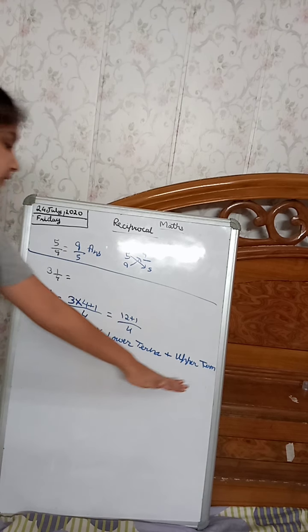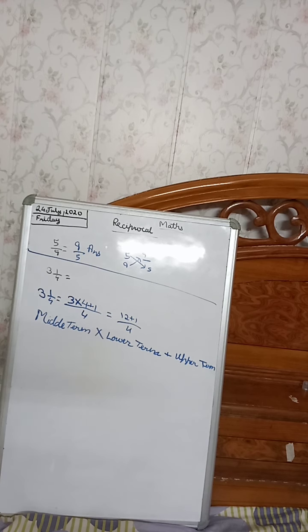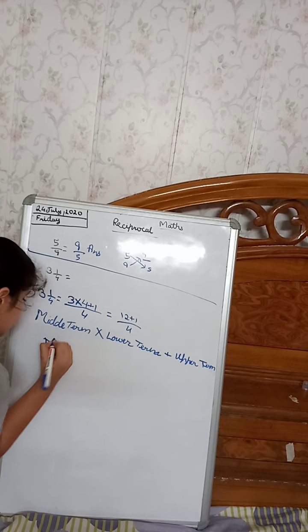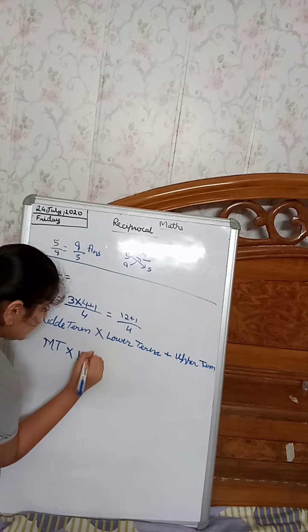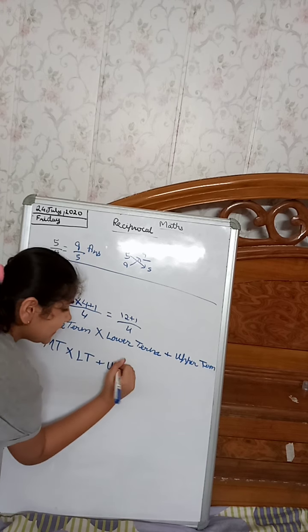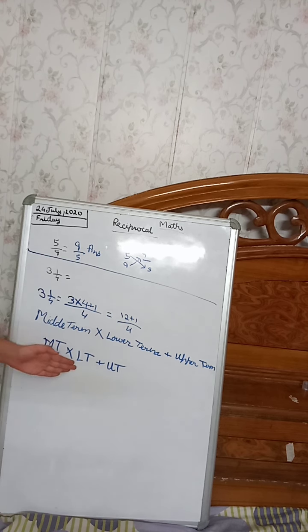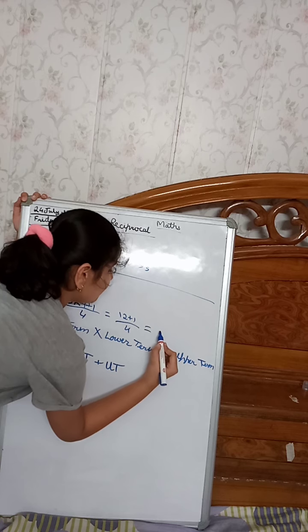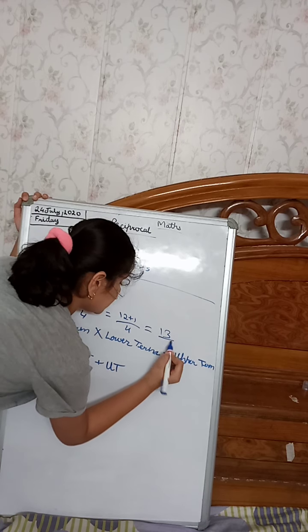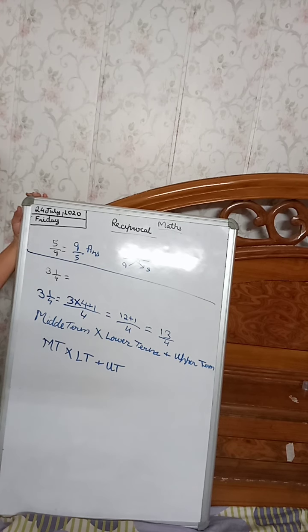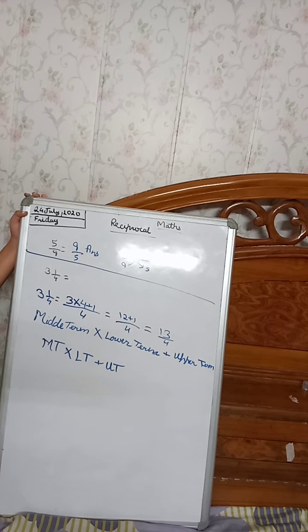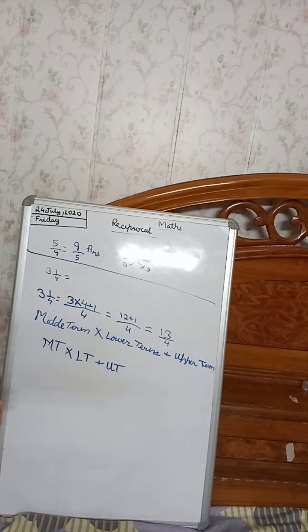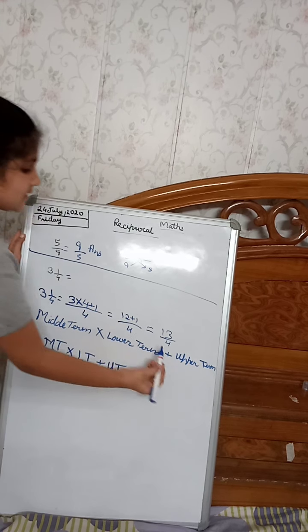When we convert this full sentence into a short form, it is MT multiplied by LT plus UT: middle term multiply lower term plus upper term. So after adding 12 and 1, we get the answer 13 by 4. So this is our improper fraction. We have converted 3 1 by 4 into an improper fraction, and our answer is 13 by 4.